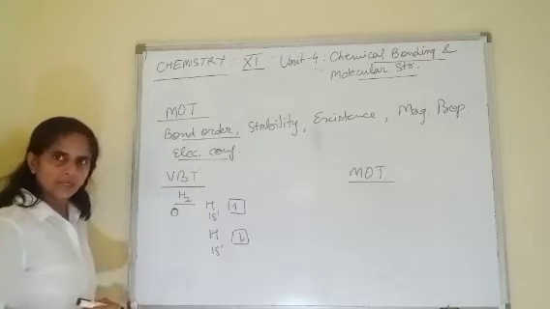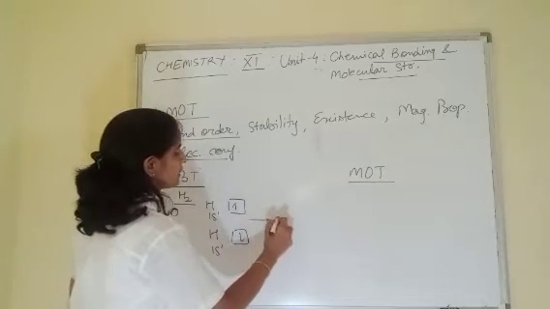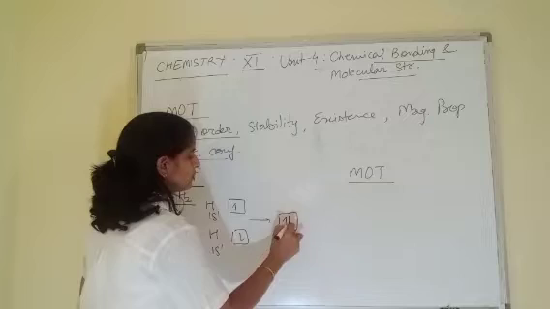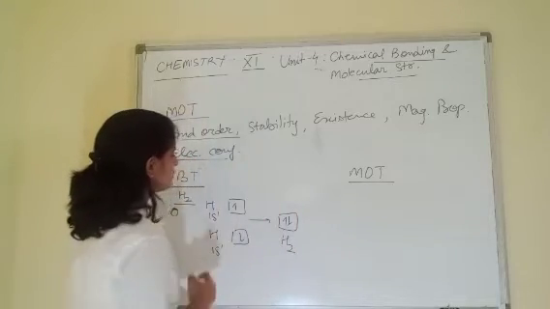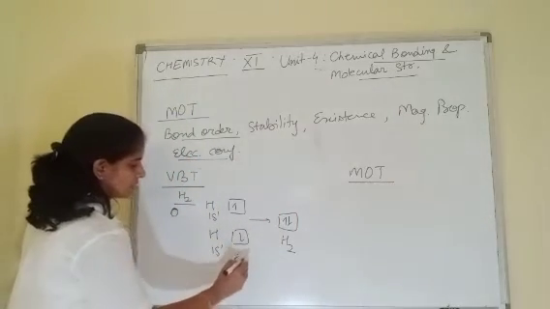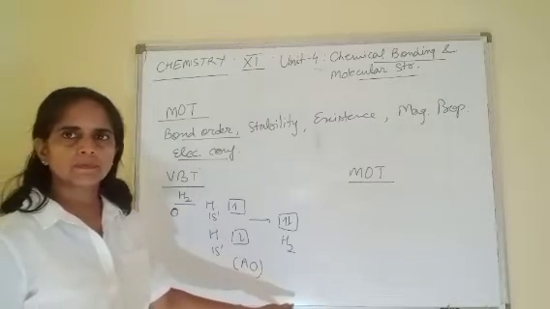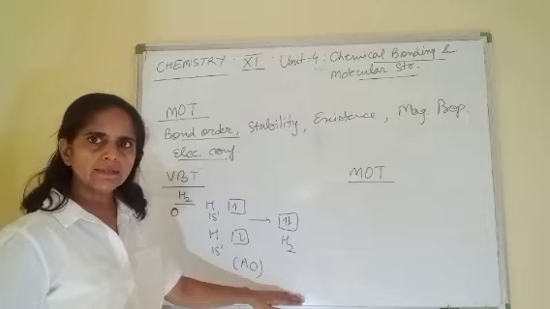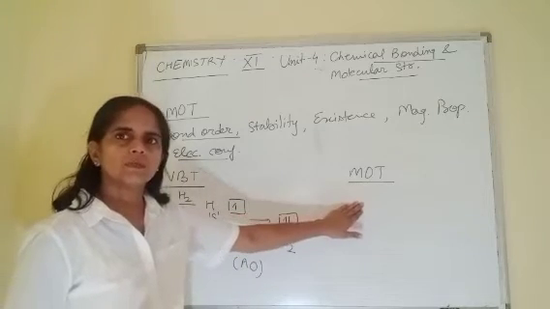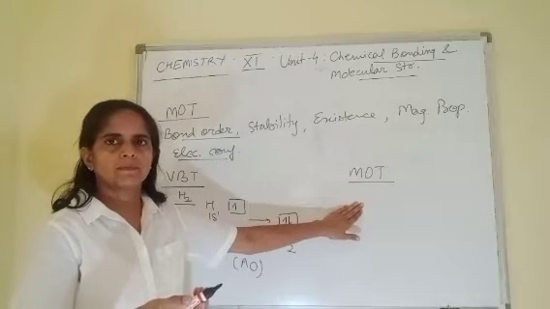These two overlap, resulting in the H2 molecule. By the overlapping of these two atomic orbitals, we get the hydrogen molecule. Clear, children?